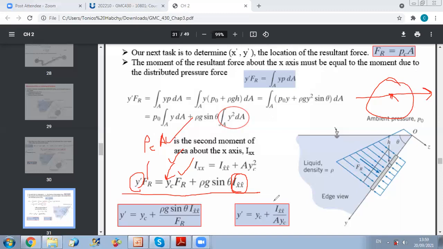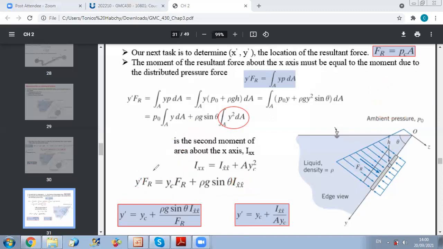Now, since I am interested in Y prime, all I have to do is to divide both sides, so I take FR to the other side. If you divide here by FR, you will get YC plus rho g sine theta Ixx over FR.